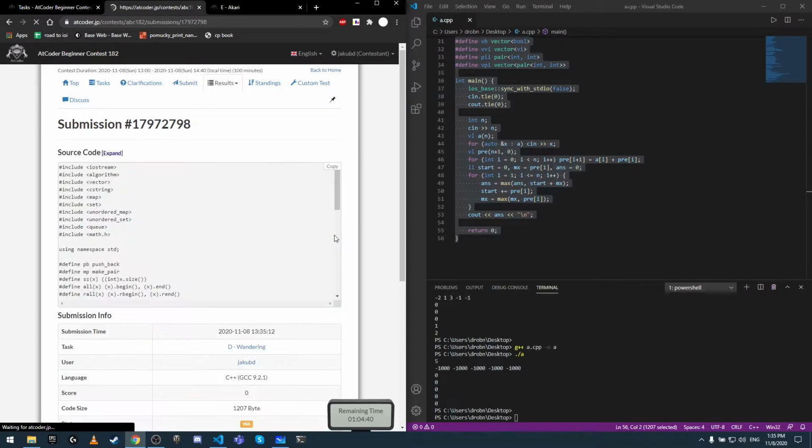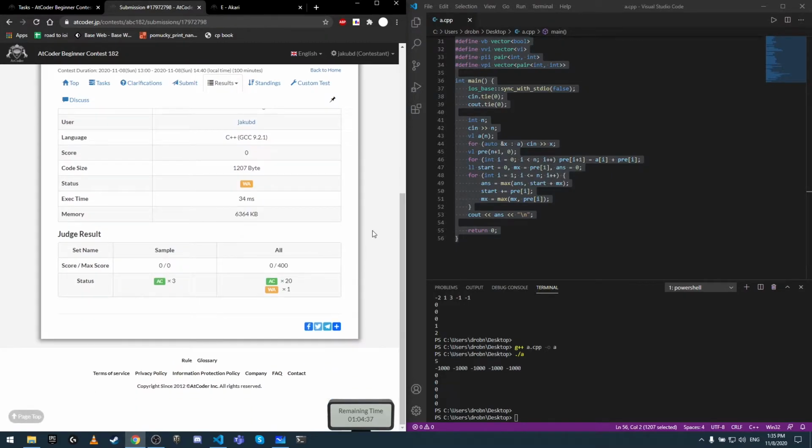Okay, it's still wrong answer, in one case now, only in one case, that's interesting. Yes, it's probably the one I was handling before, right?